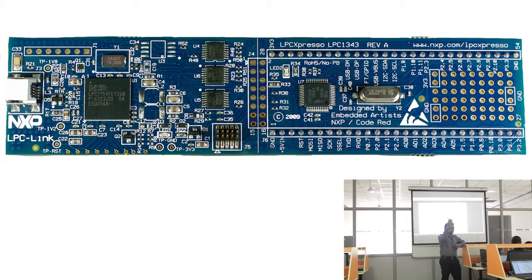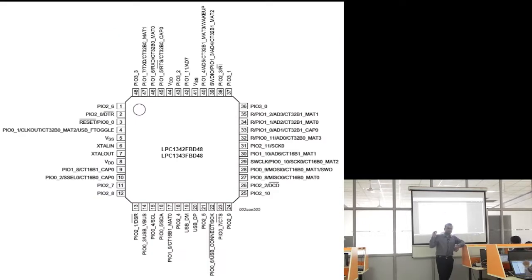In this page of the data sheet, in pinning information, you will have the different kinds of packages that are available for the microcontroller. Do you have any idea about the packages? SIP, DIP. Other than this, what do you call this kind of package? This one.